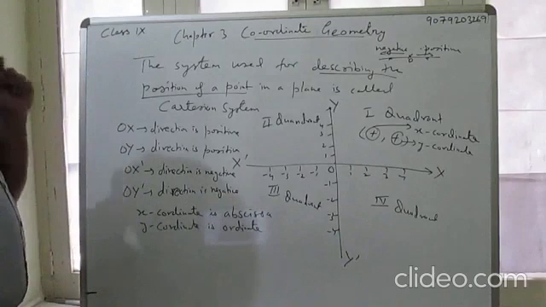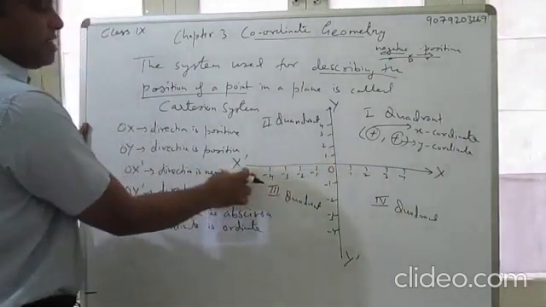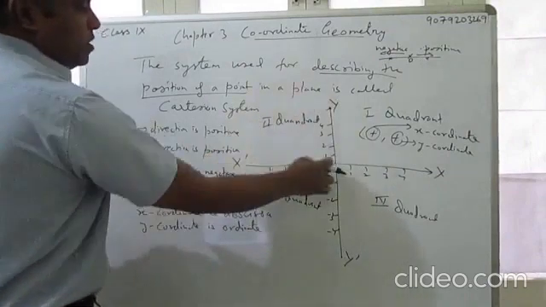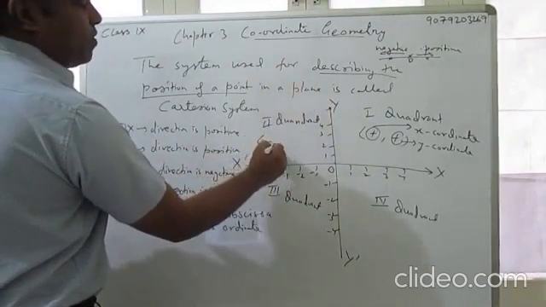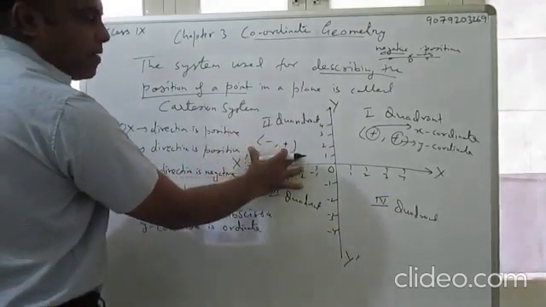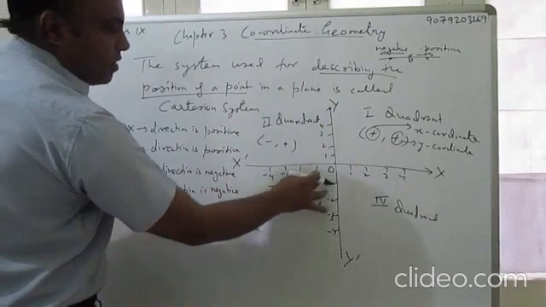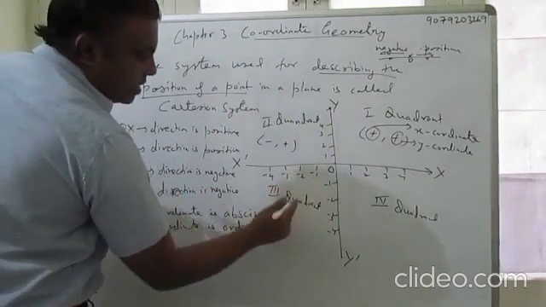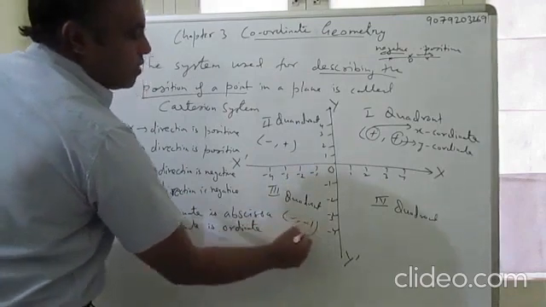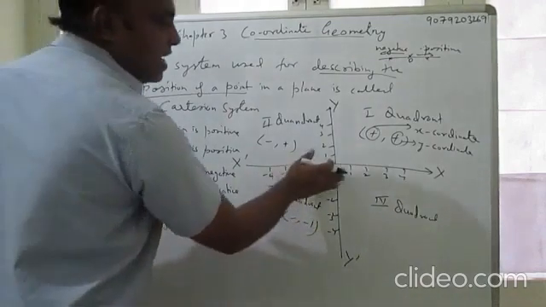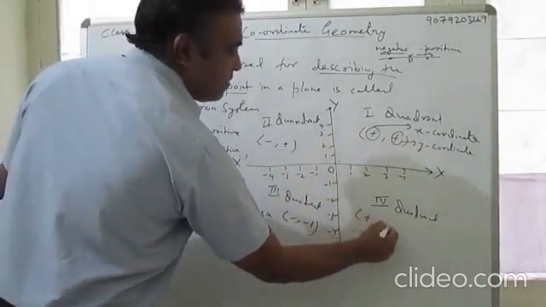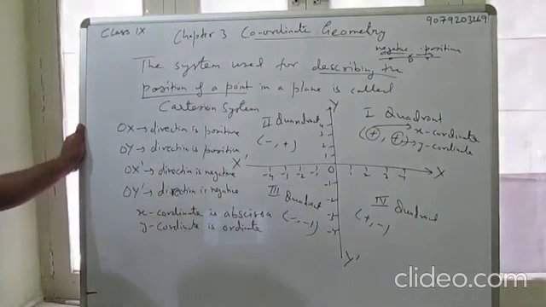Now you see here in the second quadrant, OX direction is negative and OY is positive. So x points will be negative and y positive. So in the second quadrant the sign will be minus comma plus. In the third quadrant x is also negative, y is also negative, this is negative comma negative. Now in the fourth quadrant OX is positive and y direction is negative, so plus comma minus.